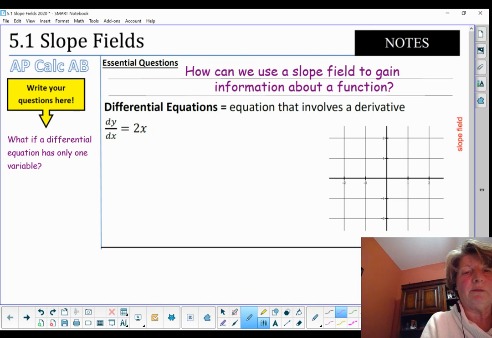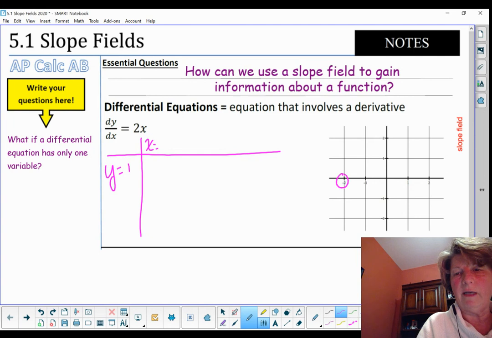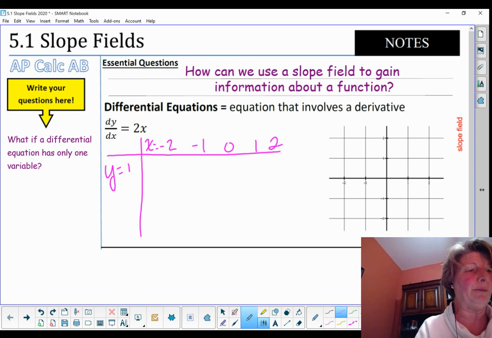What I'm going to do is create a little XY chart. I'm going to have y equals 1, and then x equals -2, -1, 0, 1, and 2. So I'm going to cover all the x values that are being covered here.